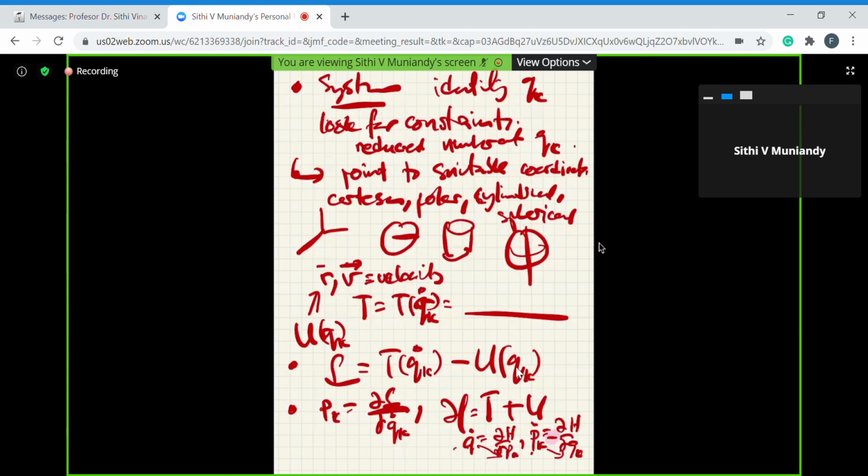The complexity comes when your system is very involved in the motion. The constraints are complicated. Then you have to really imagine what variables are needed, what the constraints are. Other than that, the Lagrangian, the Hamiltonian, the conjugate momenta, all are prescription based.